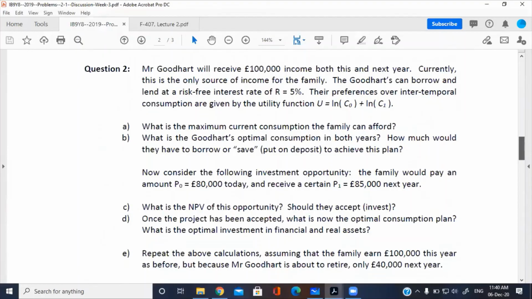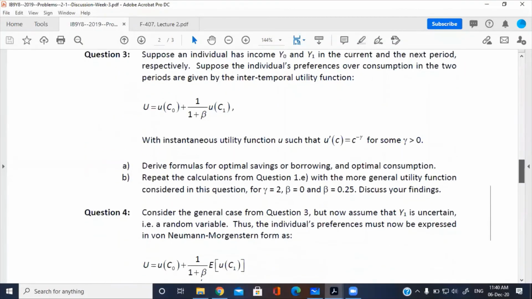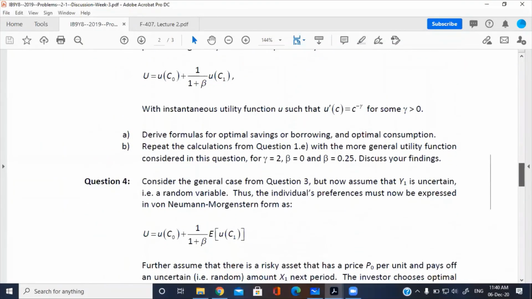This one is question 2, and in question 2 there is an E, and question 3B is trying to say that you want to repeat question 2E with this information. I'm just showing you how you can come up with the alpha number if it is available to you.